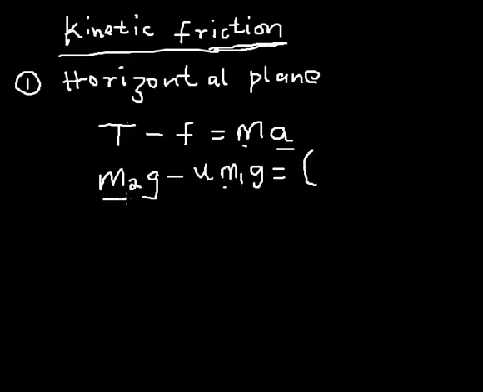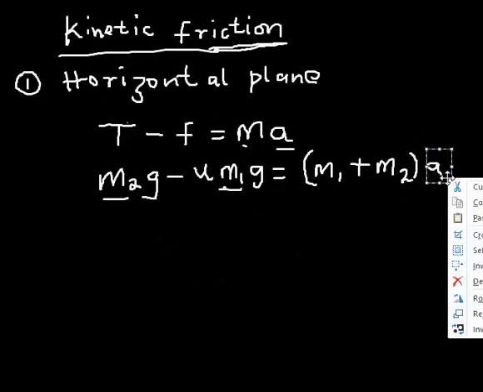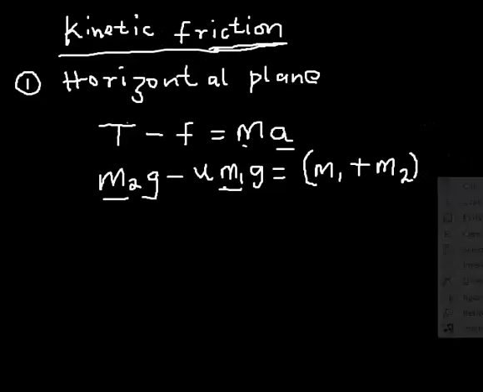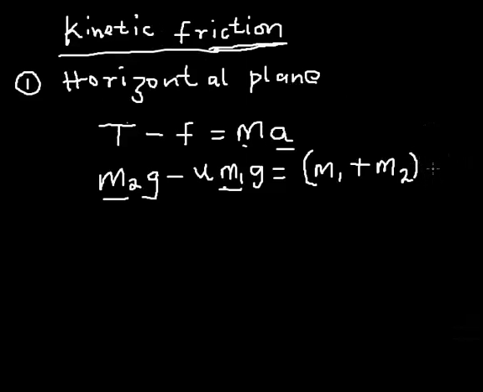As m2 is moving, m1 is moving, so I have to write both of them: m1 plus m2, multiplied by the acceleration. With this formula, you can get the acceleration of the system under the influence of kinetic friction. Please take note of this formula. This is what we use when we discover that the system is in motion.